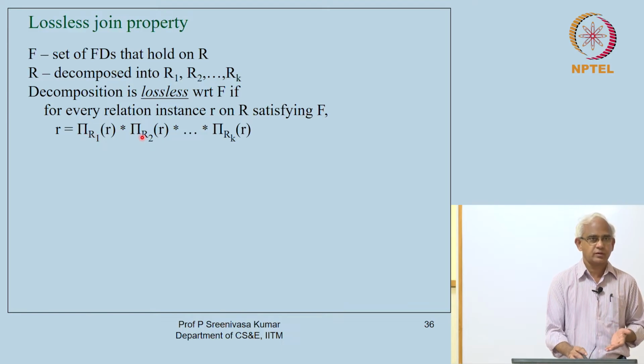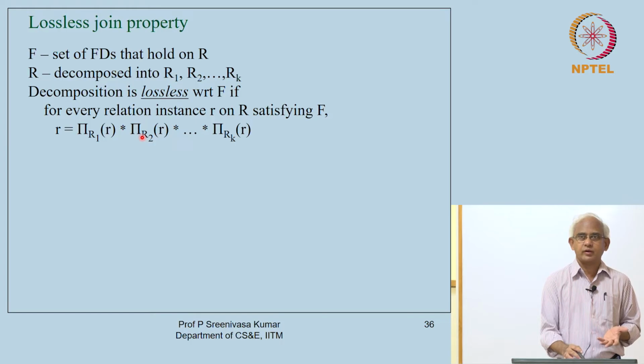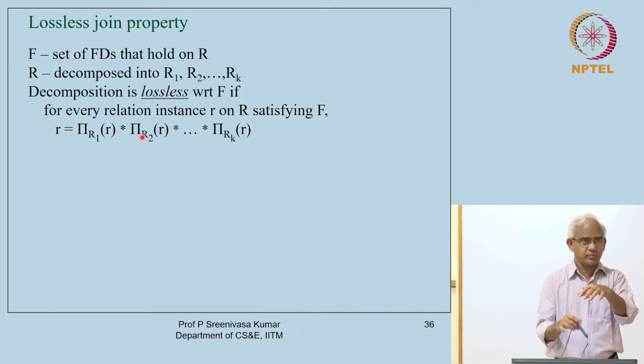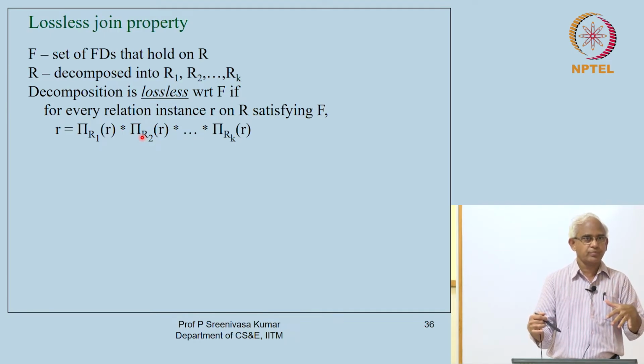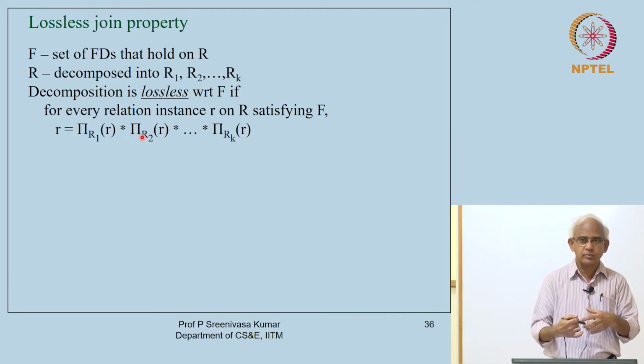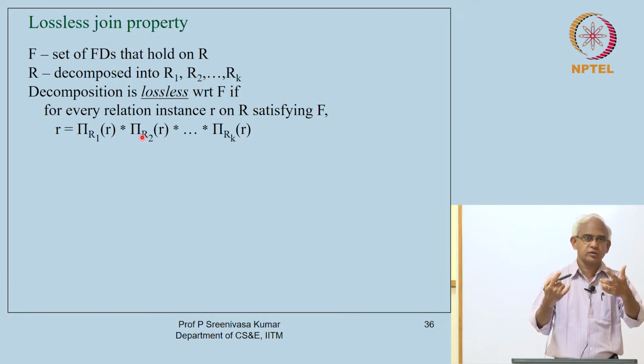This looks fair, right? This kind of a restriction looks fair because basically we had some data and now we are saying that the schema is going to be split into two schemas. So, we project the data into two, and if we join we should get back the original R.